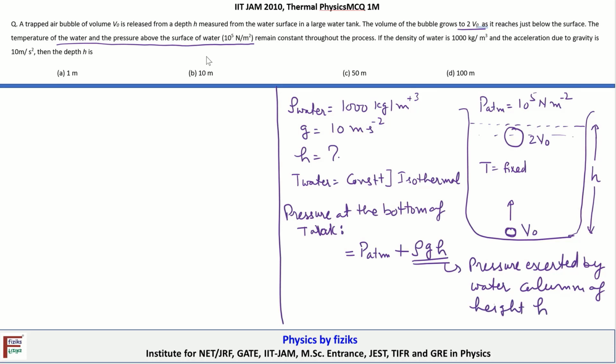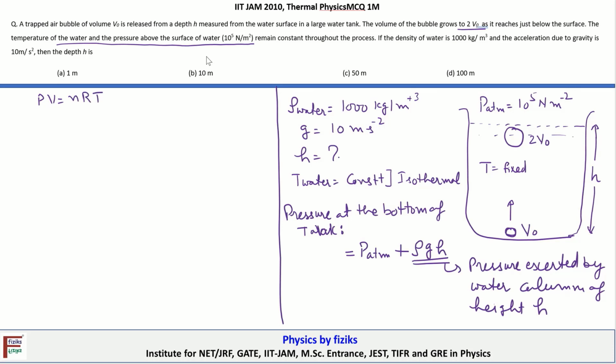h. Okay, now because the temperature of the water is not changing, we can assume the process to be isothermal in nature, where volume is changing from V0 to 2V0. So if we assume the air bubble to be an ideal gas, we can apply the equation PV equals nRT.